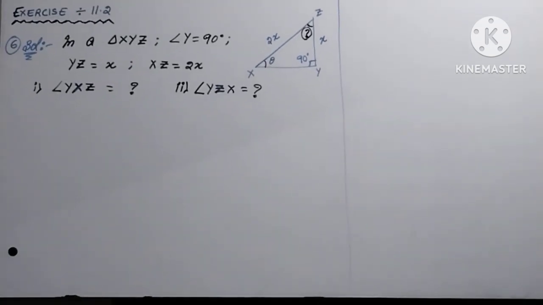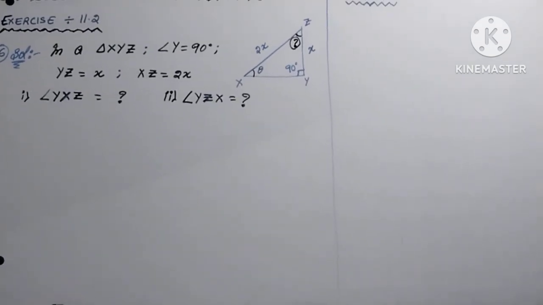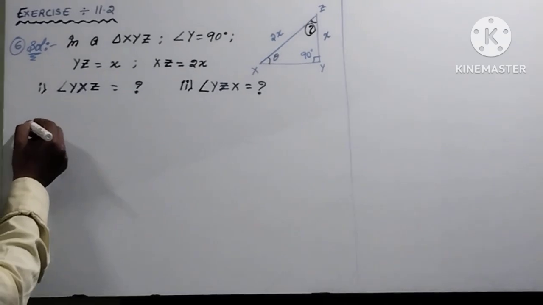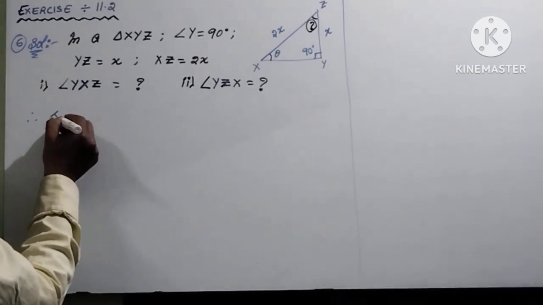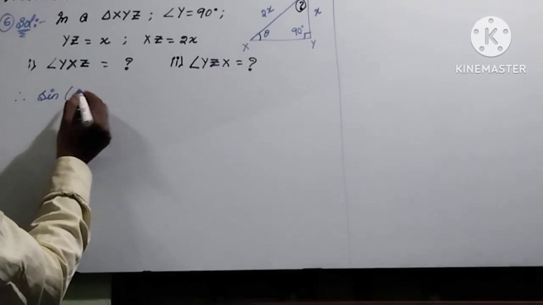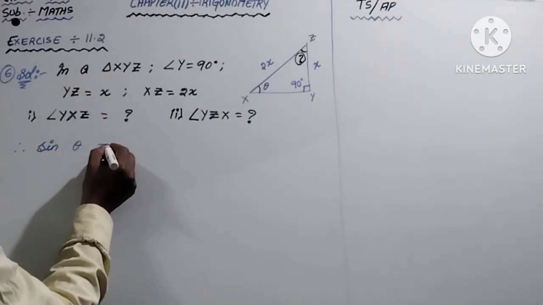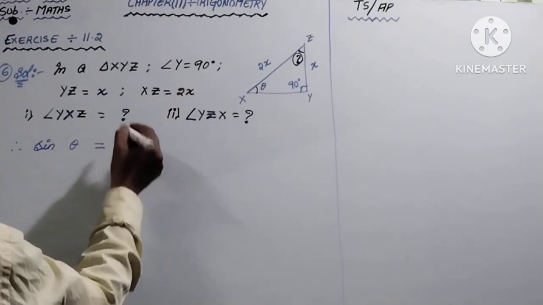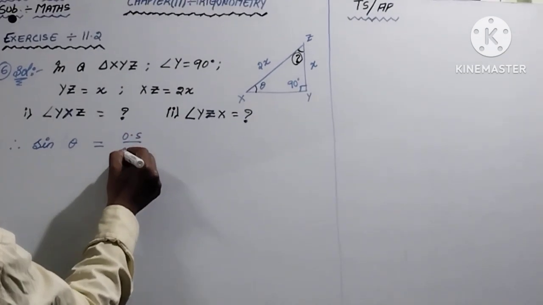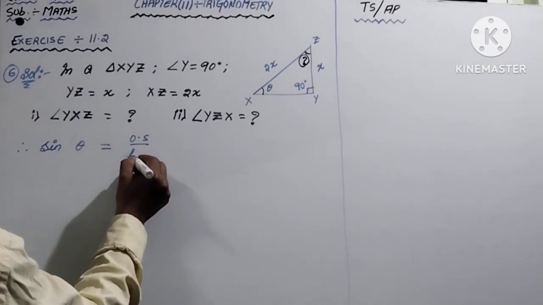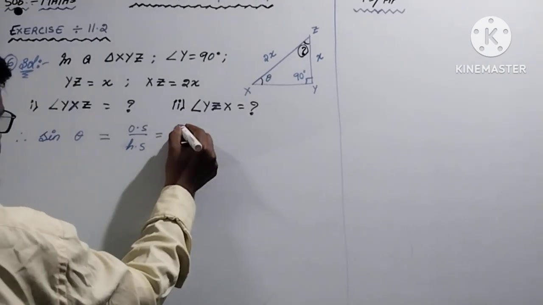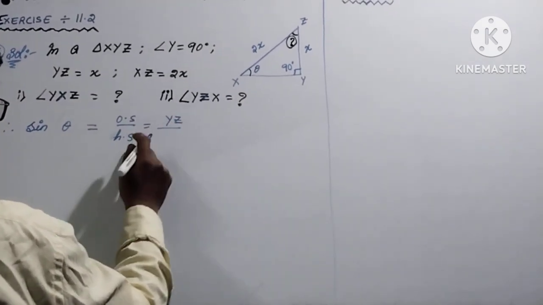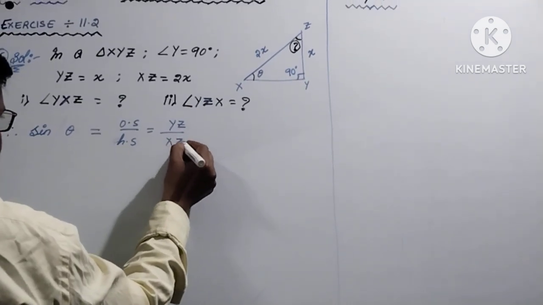Opposite by hypotenuse, which formula? Sin theta. So sin theta is equal to opposite side divided by hypotenuse: the opposite is YZ and the hypotenuse is XZ.